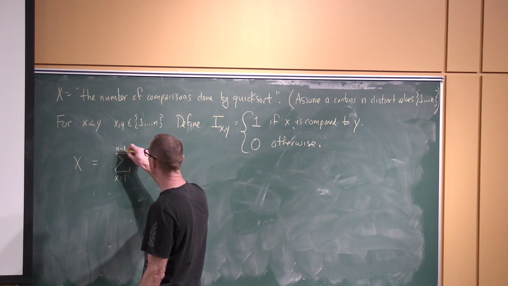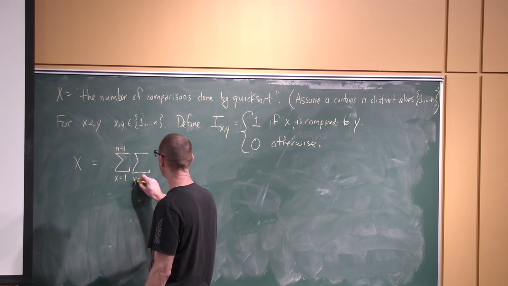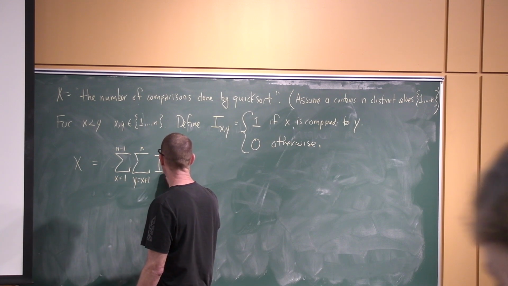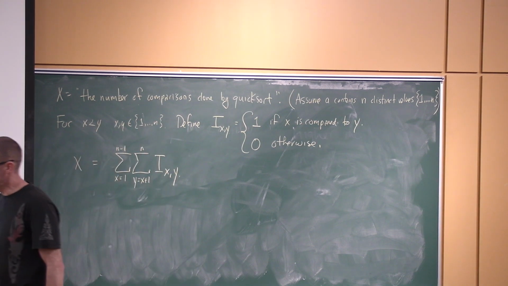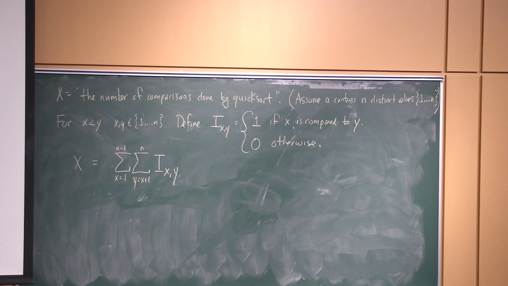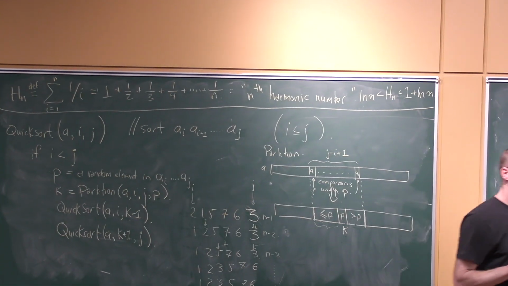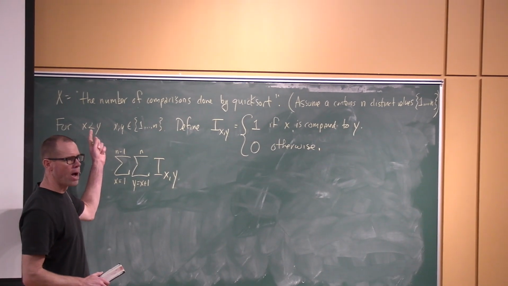We saw how to enumerate those: x counts from 1 to n minus 1, y counts from x plus 1 up to n, of I x y. The only thing we should check is that we never compare the same two things twice. So this is true as long as we never compare x and y more than once.